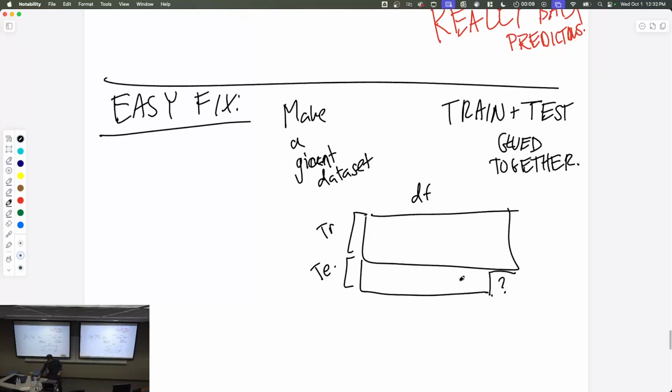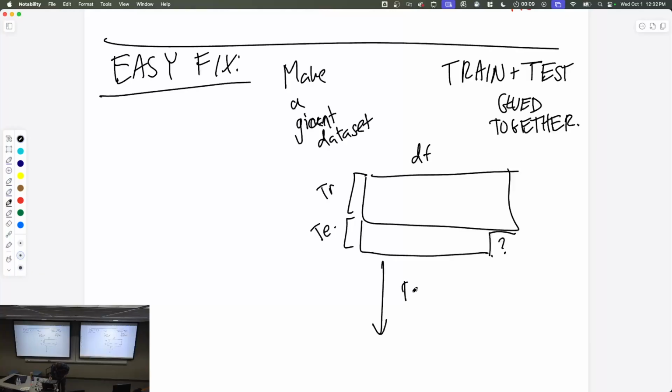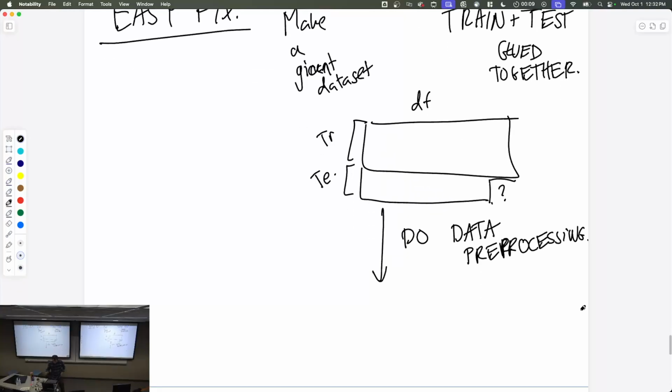And then once you've added the columns, normalized, deleted, and done all the things, you split it up for training.